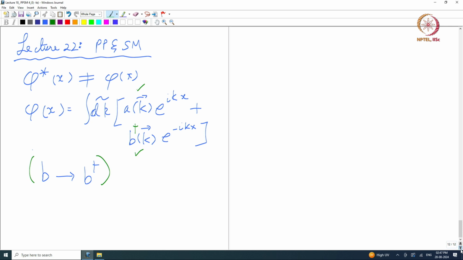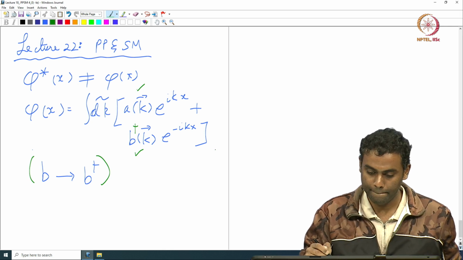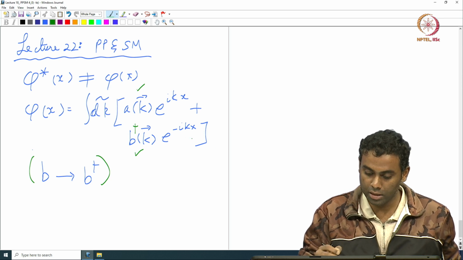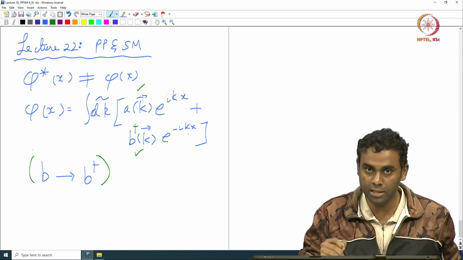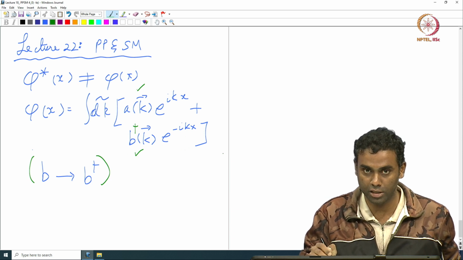In this notation, it becomes clear what these operators are doing. Since the B dagger is associated with the term that presumably carries the negative energy, it's not a negative energy, but it looks like we started out with a term that looked like a negative energy, correct?